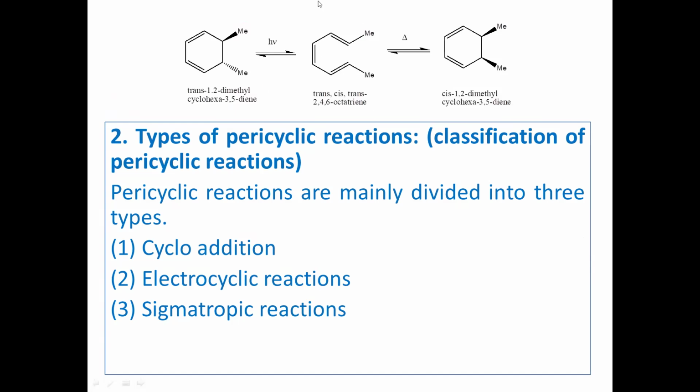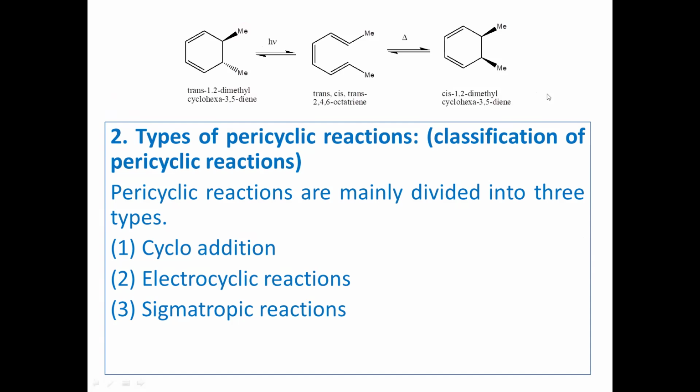Whereas the same reactant under photochemical irradiation results in the formation of trans-1,2-dimethylcyclohexa-3,5-diene. So thermal and photochemical reactions result in different stereoisomers of the product. Like that, pericyclic reactions are influenced only by heat or light. They are not influenced by solvent changes, free radical initiators, and ionic reagents.